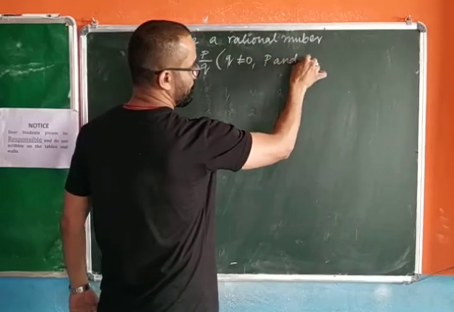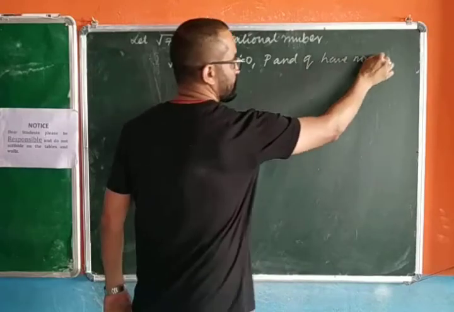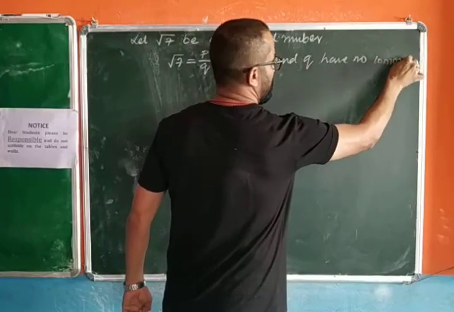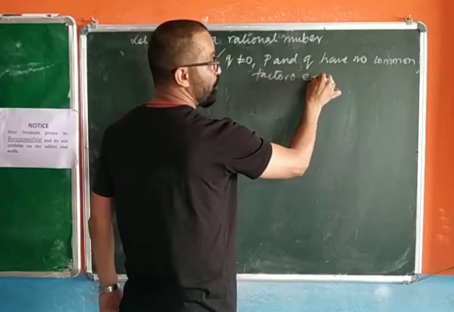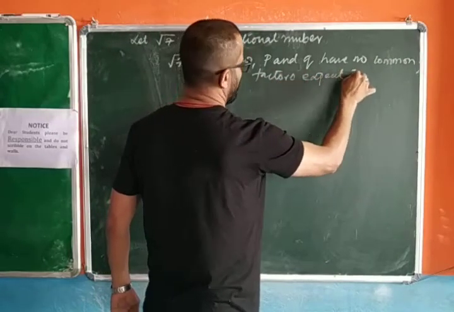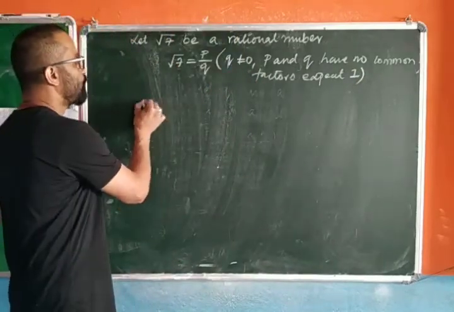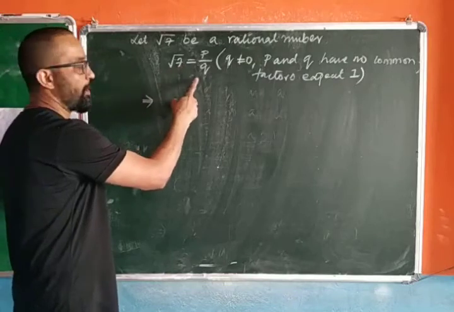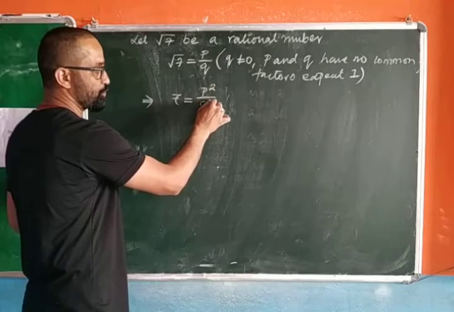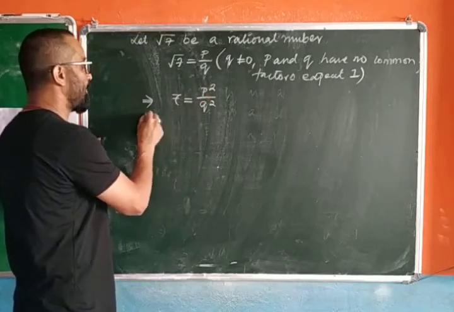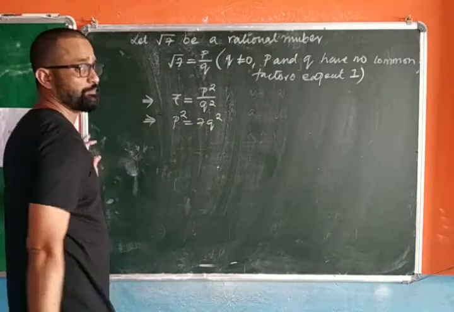P and q have no common factors except one. This is a very, very important condition. Now we square both sides. Squaring both sides gives 7 equals p square by q square. We cross multiply: p square equals 7q square.